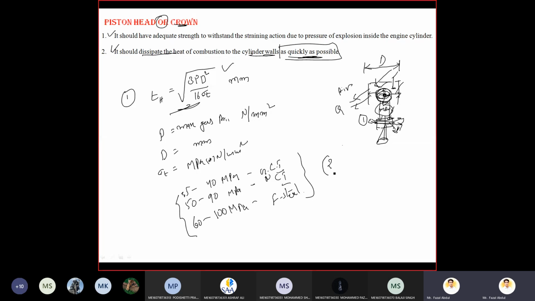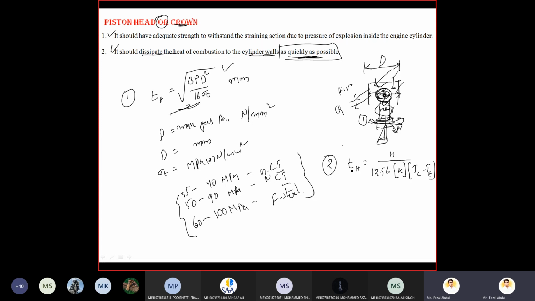Now, what is the second criteria? Whatever heat is generated should be dissipated as quickly as possible. So based on the second criteria, the thickness of the head or crown is capital H divided by 12.56 into K into (TC minus TE).